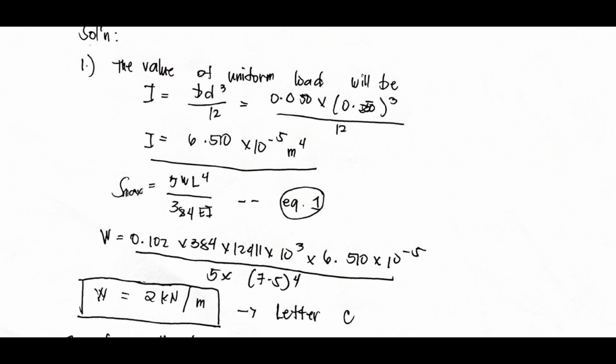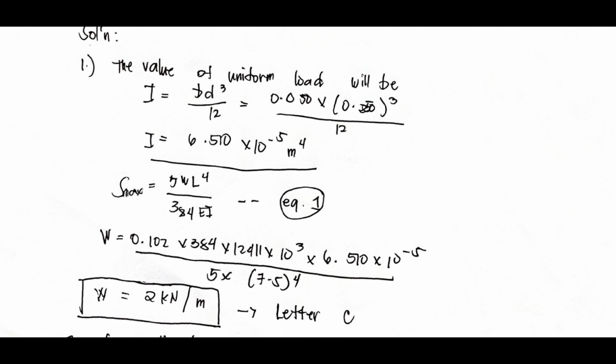As we know, the general formula of the maximum deflection for uniform loading is maximum deflection equals 5 WL to the power of 4 divided by 384 EI. This is our equation 1.